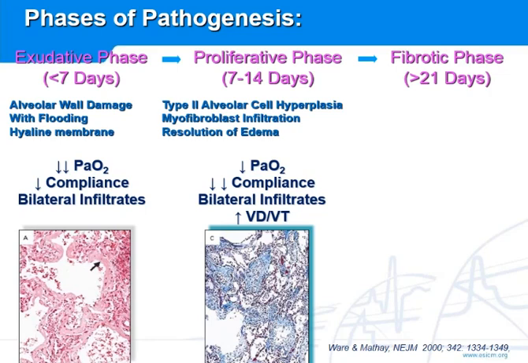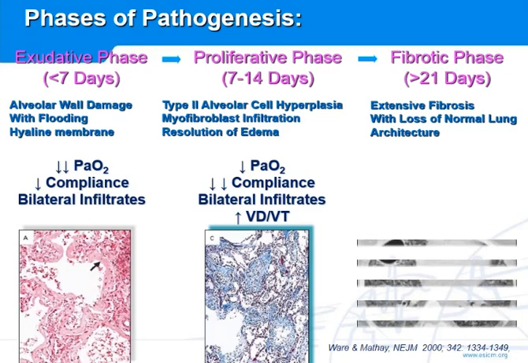And the final phase, which is one of the most difficult to treat, is the fibrotic phase, which in general occurs after 2 or 3 weeks, even though at times you may identify some fibrotic phenomena also in the early phases. When the fibrotic phase is extensive, you have a total loss of the normal lung architecture.